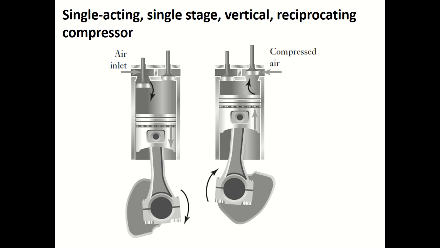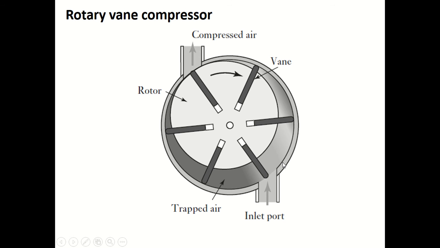Please note that air flow deliveries tend to range from 0.02 meter cube per minute free air delivery to about 600 meter cube per minute free air delivery. Free air is a term used for air at normal atmospheric pressure. Another important type of compressor used in a pneumatic system is the rotary vane compressor.